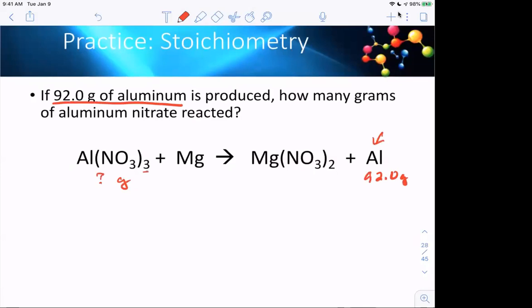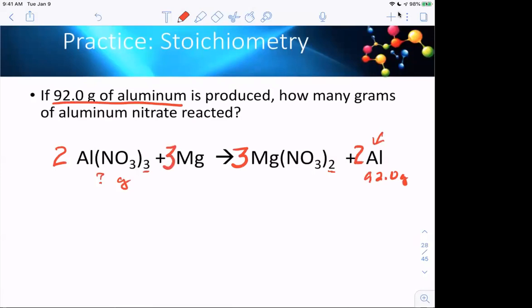I have 3 nitrates there and only 2. Because this is even and this is odd, I'm going to put a 2 here. That'll give me 2 times 6. I need 3 here to give me 6 nitrates. So that means I'll have 2 aluminum and I'll have 3 magnesiums.